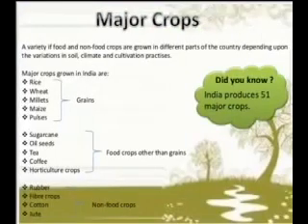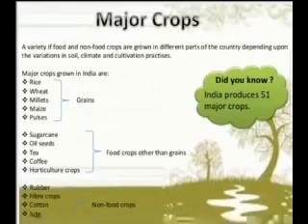Let us understand once again the major crops. A variety of food and non-food crops are grown in different parts of the country depending upon the variation in soil, climate and cultivation practices. Major crops that are grown in India are rice, wheat, millets, maize and pulses.